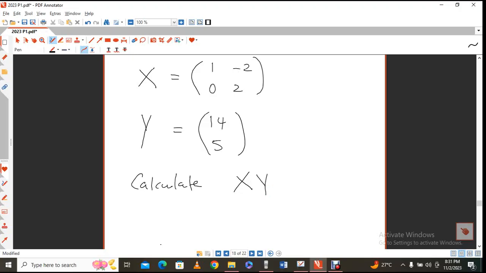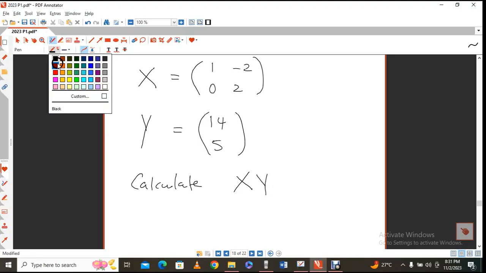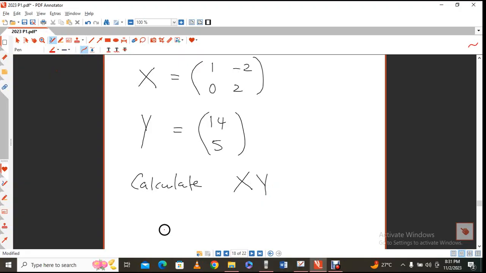The way you calculate XY, you take this row here, so first 1 times 14, plus negative 2 times 5. So I'm taking this row and multiplying it with this column. 1 times 14 plus negative 2 times 5.